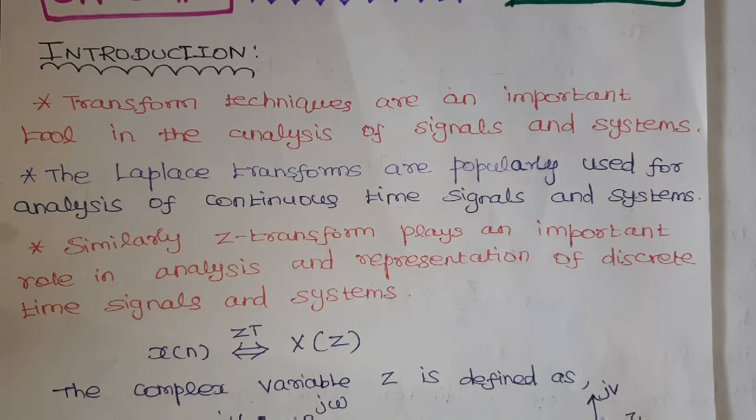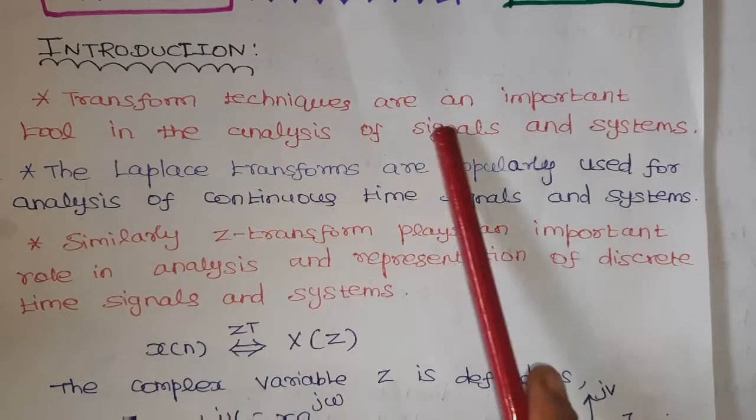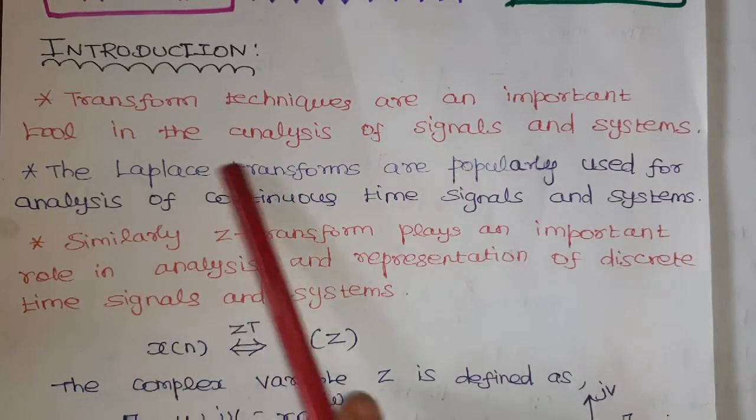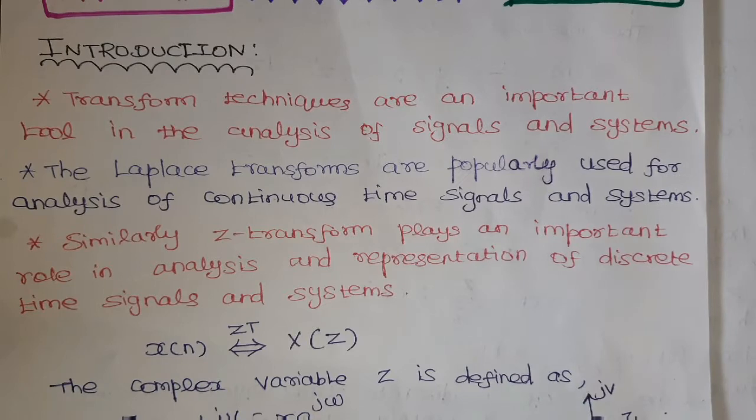First we will see the introduction of Z transform. We know that there are many transform techniques. What are they? Laplace transform, Z transform and Fourier transform. These transform techniques are an important tool in the analysis of signals and systems. What is the Laplace transform?